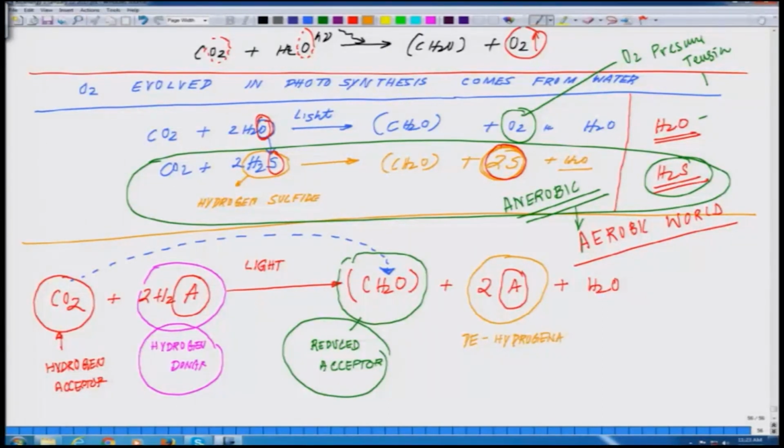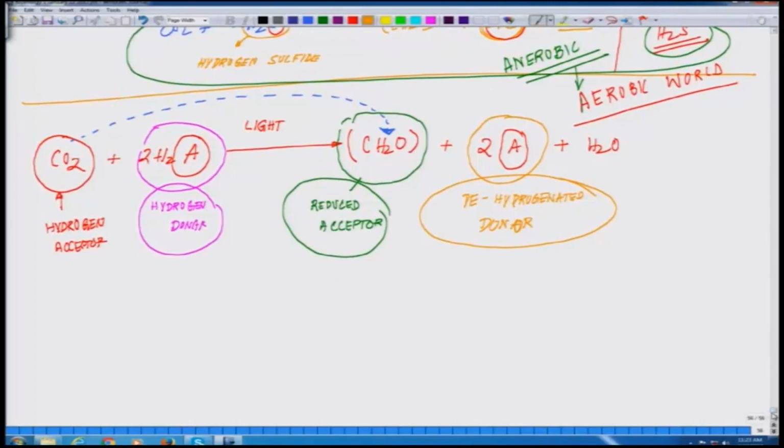Why is it a dehydrogenated donor? Because hydrogen has been removed, whether it was H2S or water. It is very interesting to note that the hydrogen donor H2A is H2O in green plants and H2S in photosynthetic sulfur bacteria.